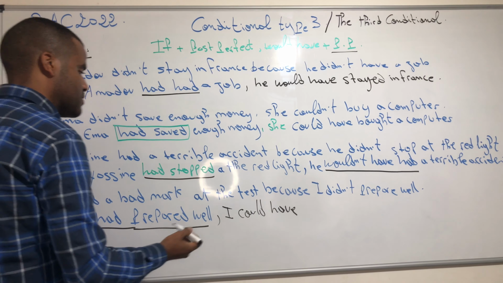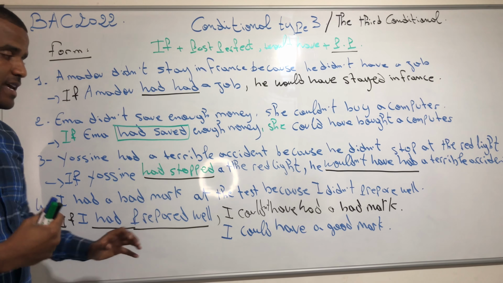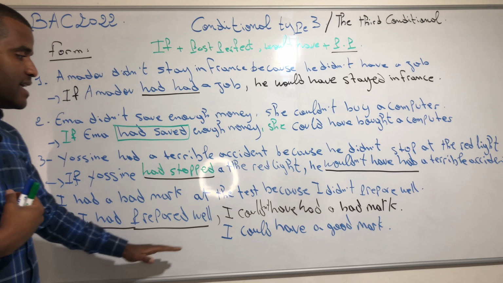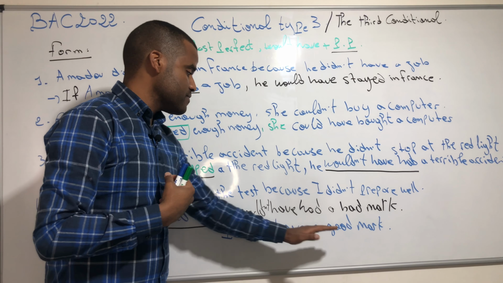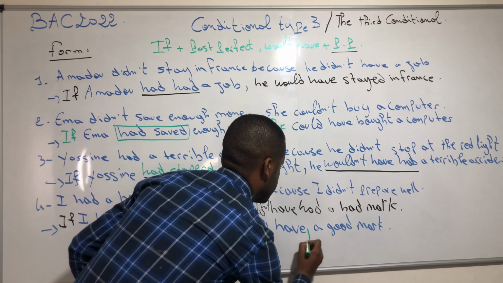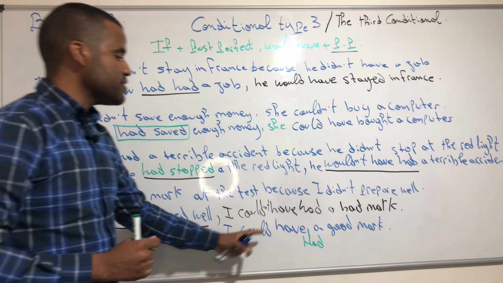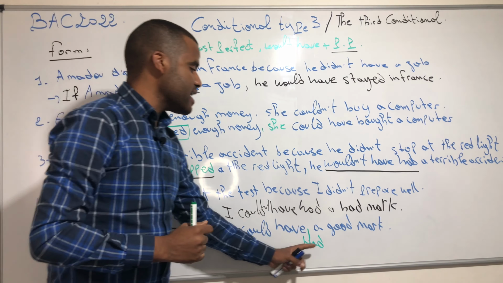Right now you can say, if I had prepared well, I could have had, I'm sorry, I forgot to add had here. So we can say I could have had a good mark, or we can say I couldn't have had a bad mark.